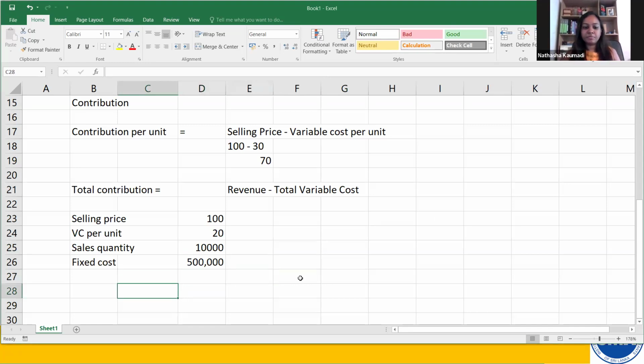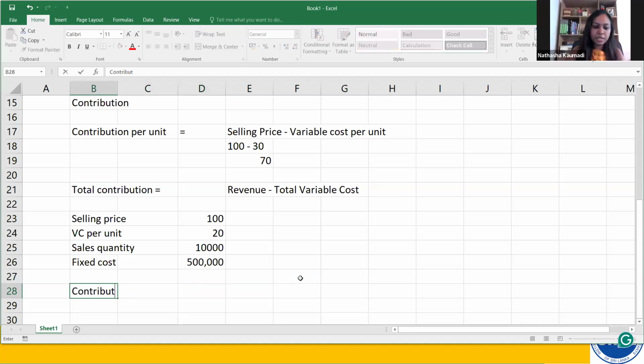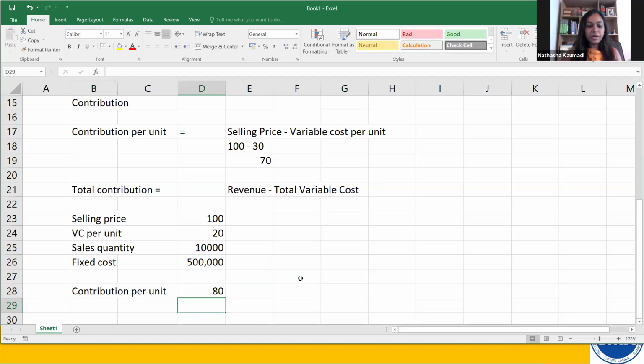Total contribution. That means there are two ways. You can calculate contribution per unit and multiply by the sales quantity, or you can calculate total revenue minus total variable cost as well. But I will take contribution per unit. That's easy. Contribution per unit is the selling price of 100 rupees minus the variable cost per unit of 20, which is 80 rupees.